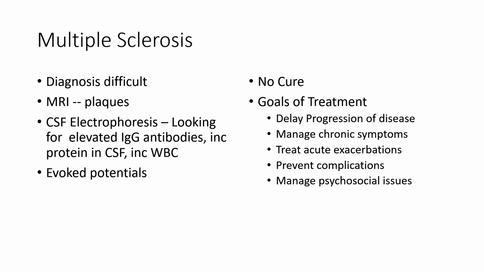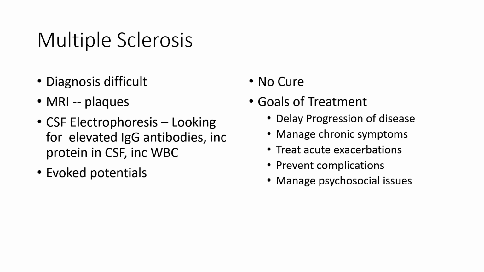A cerebrospinal fluid electrophoresis may be done after a lumbar puncture. These elevated IgG antibodies will appear in 95% of the patients with multiple sclerosis, which again just confirms that we know it's an autoimmune disease.